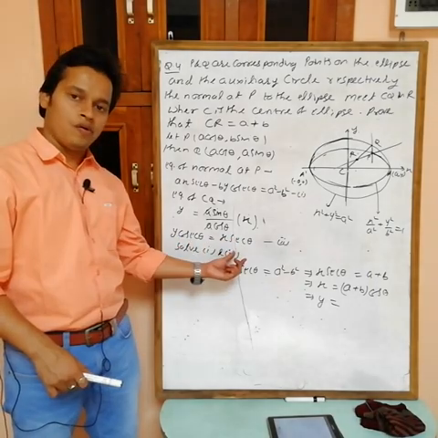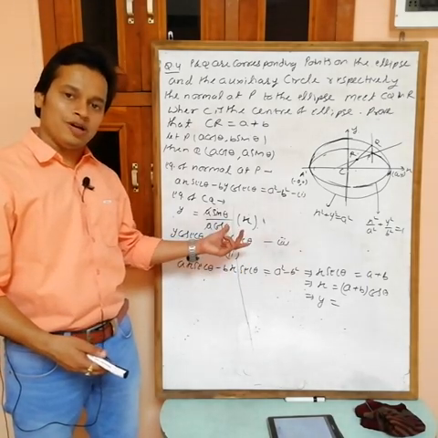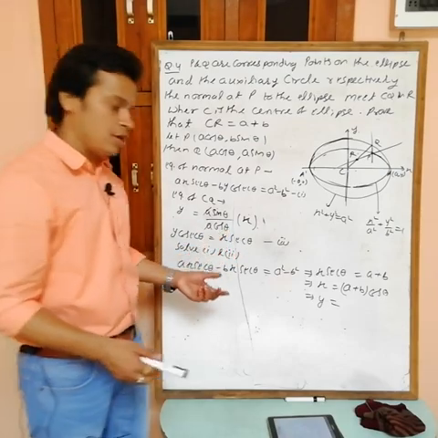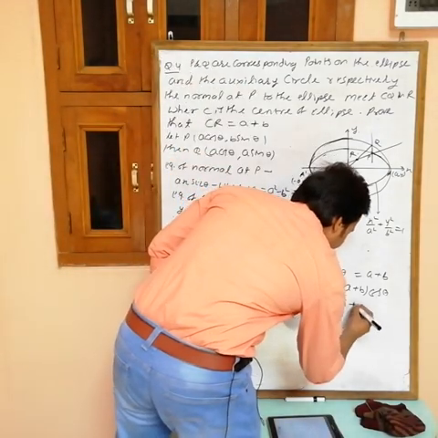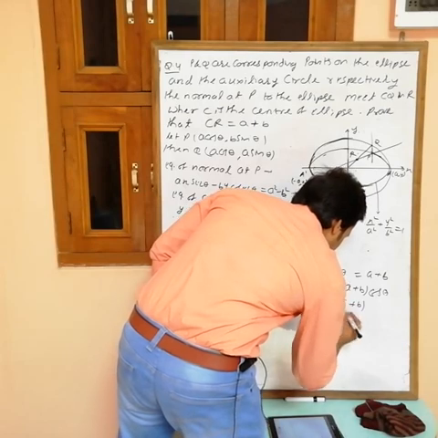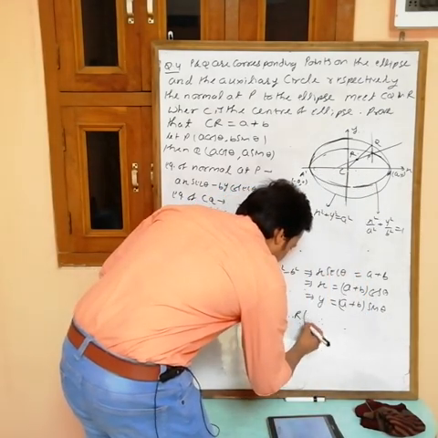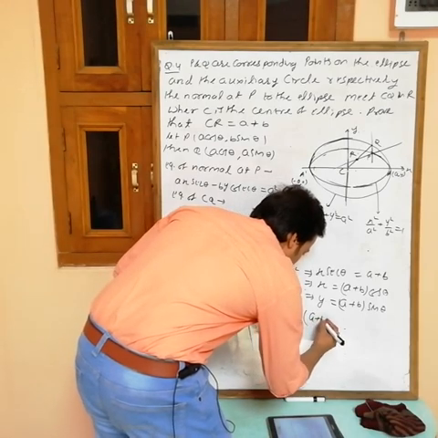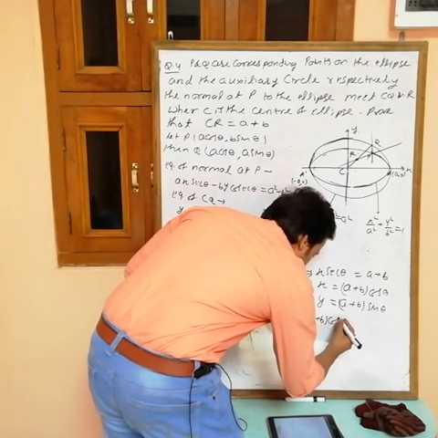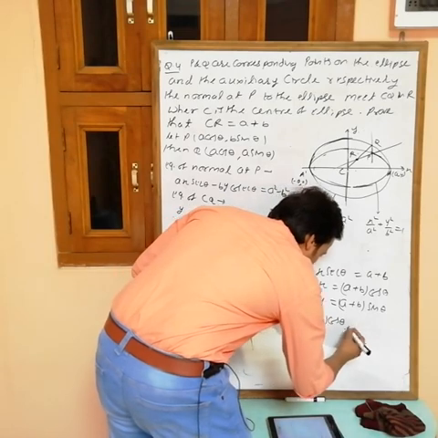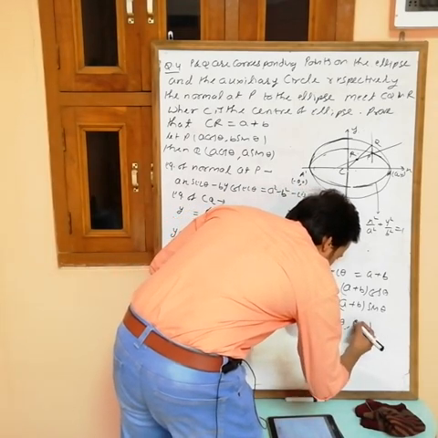Cosec in the denominator becomes sine in the numerator, so y is a plus b sine theta. Therefore, R, the point of intersection, is (a plus b cos theta, a plus b sine theta).